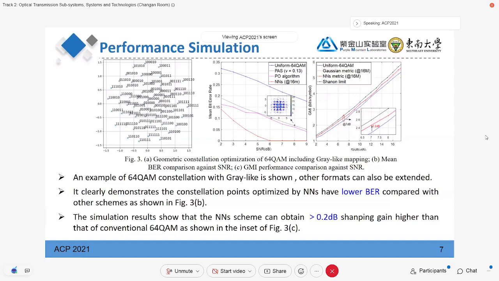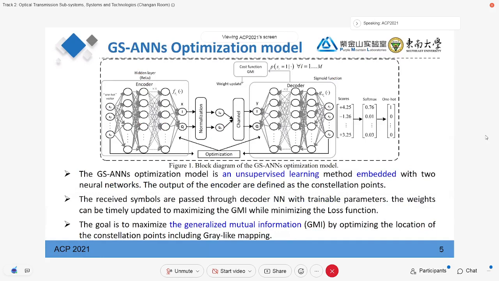Okay, the Gray-like mapping. The geometric shaping artificial neural networks model is embedded with neural networks with trainable parameters. The weights of the networks can be updated to maximize the GMI while minimizing the loss function.